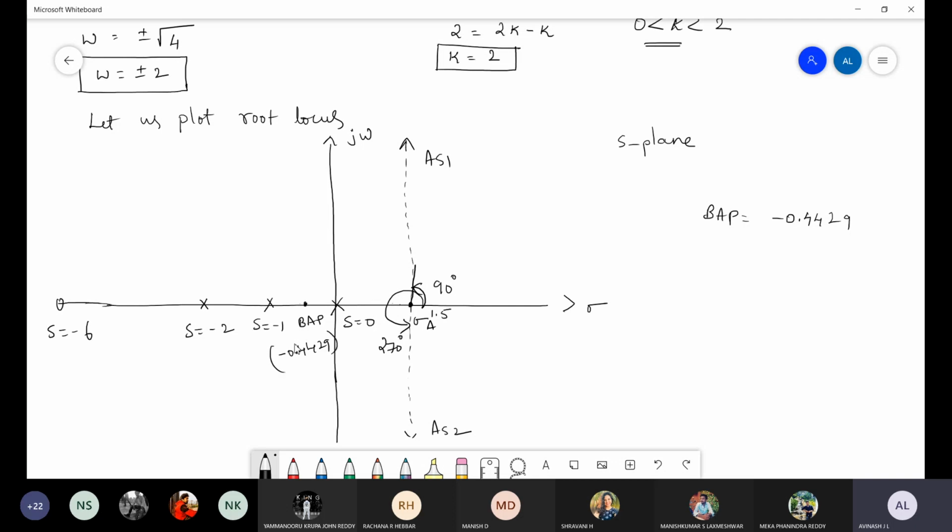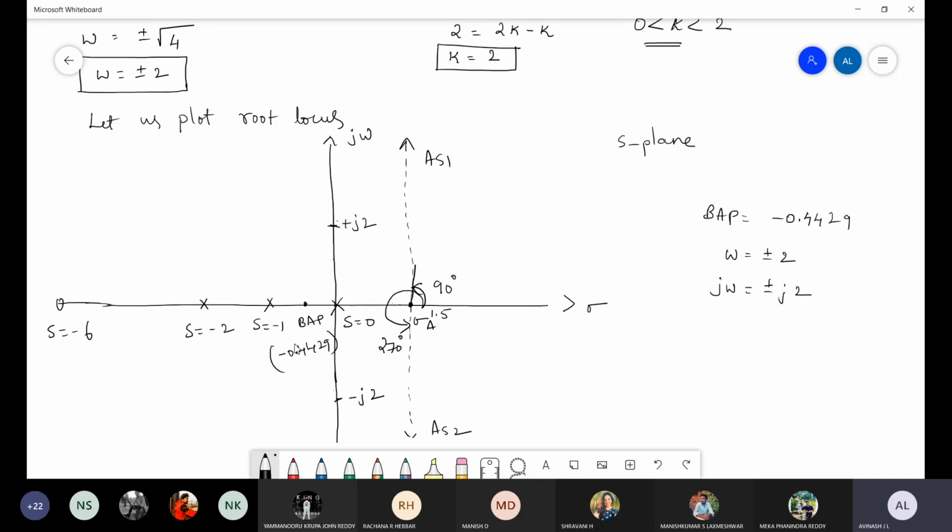Once we have considered this breakaway point, we need to mark the point of intersection. Point of intersection means the omega value. If omega equal to plus or minus 2, then j omega equal to plus or minus j2. So if this is 1 and this is 2, here positive j2 and here negative j2. We are going to mark it, it is the point of intersection.